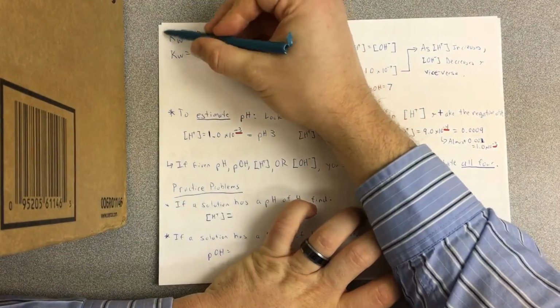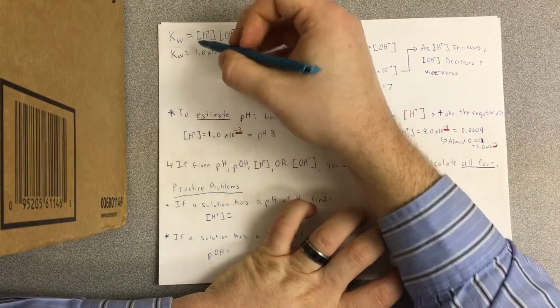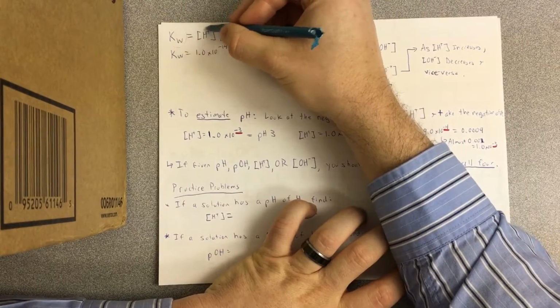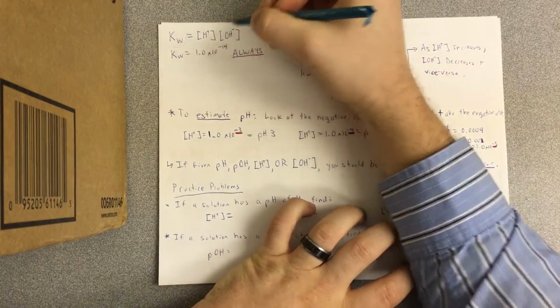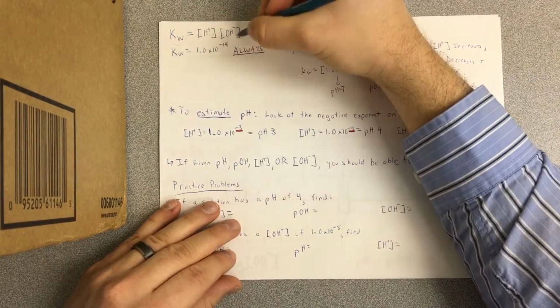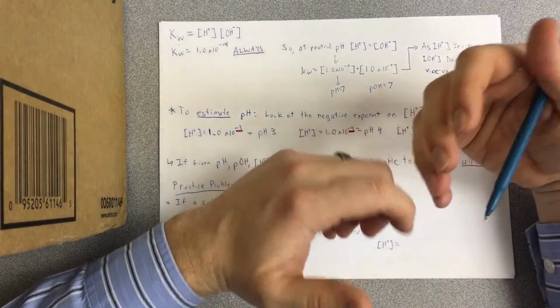So water has a specific dissociation constant, and when water dissociates, it falls apart into H plus ions and OH minus ions. So the reason we care so much about H plus and OH minus is they are the components that make up water.